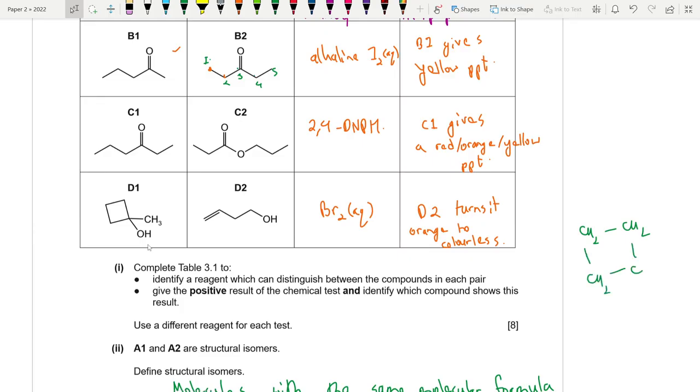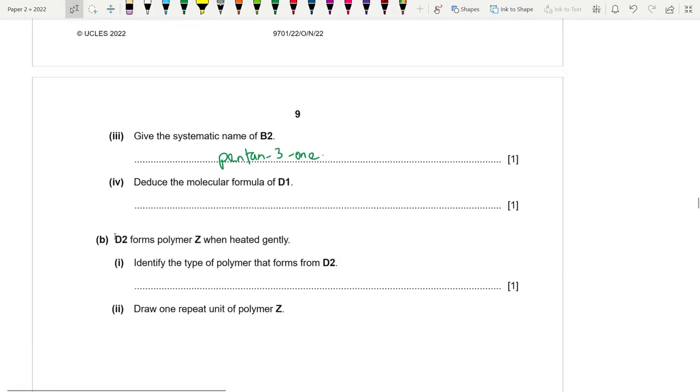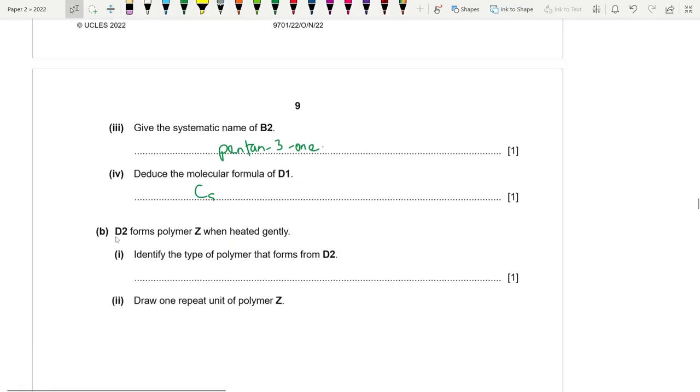There's a carbon over here. It has a CH3 attached and then OH. In total, we have 5 carbons, 1 oxygen, and 10 hydrogens, C5H10O. Is that fine? Great.